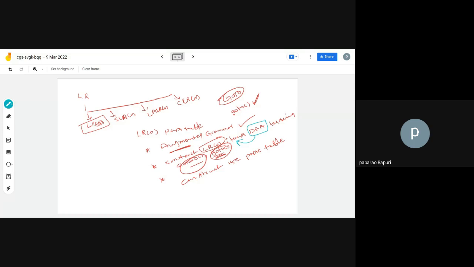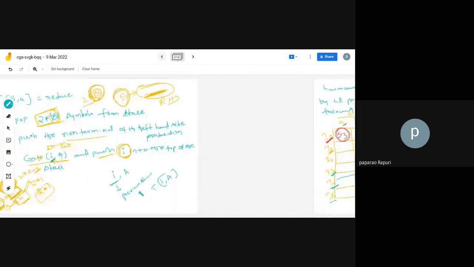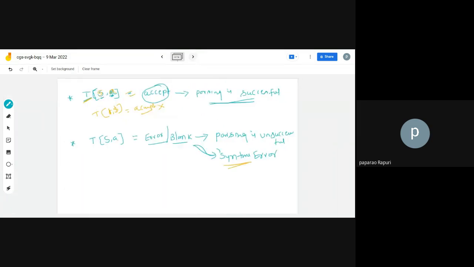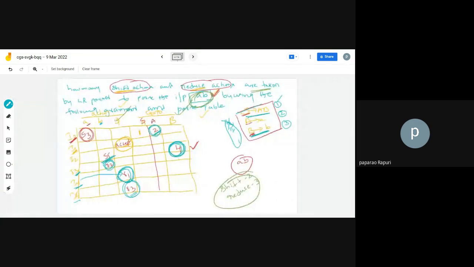So here we are constructing a DFA for the LR0. With these LR0 items, we are constructing the parse table. That's why in the initial stage I mentioned the parse table is nothing but a DFA, because the parse table entries are LR0 items. LR0 items are the states here. With these states only we are constructing the parse table. So that is nothing but DFA. That's why I mentioned this is DFA. I am calling the parse table a DFA, sir.